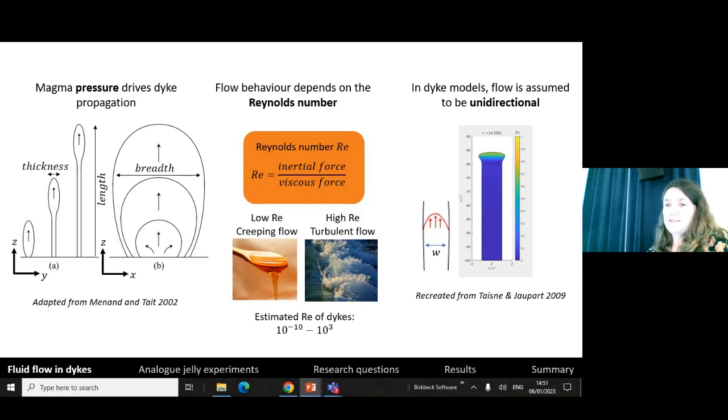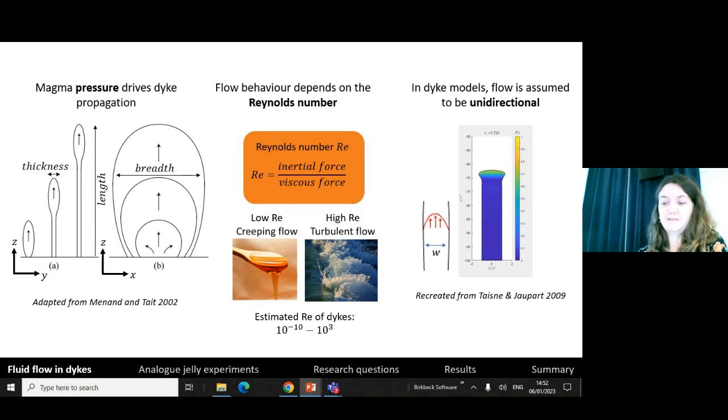And this has important implications for how your model is derived, but it's not always the case. Also, these models are derived for a steady state, a dike that's already reached a steady state of propagation and is buoyantly propagating. But in nature, dikes aren't always viscous dominated, and they're not always unidirectional internally.